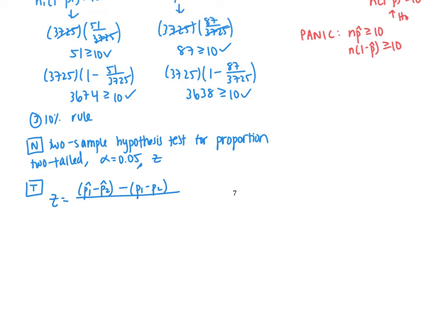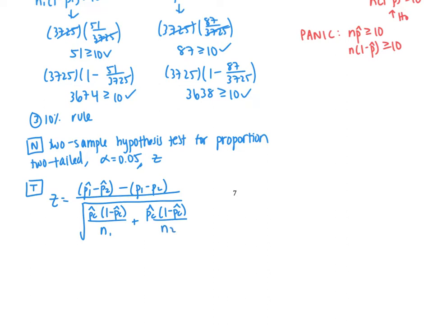Here's where things get tricky. The denominator is a huge square root. If you remember from the confidence interval for proportion, it's P1 times 1 minus P1 over N1. This is going to be similar, except this is PC hat times 1 minus PC hat over N1, plus PC hat times 1 minus PC hat over N2.